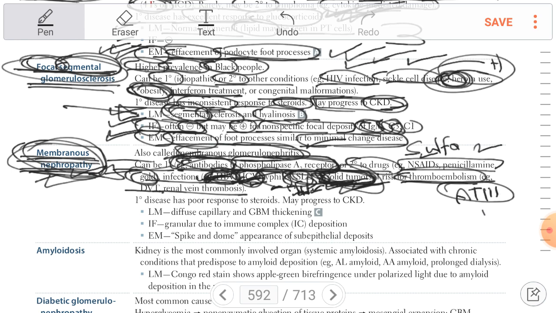And also there is a loss of immunoglobulin G, leading to high susceptibility for infection.